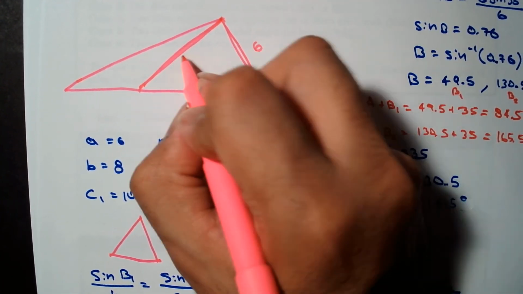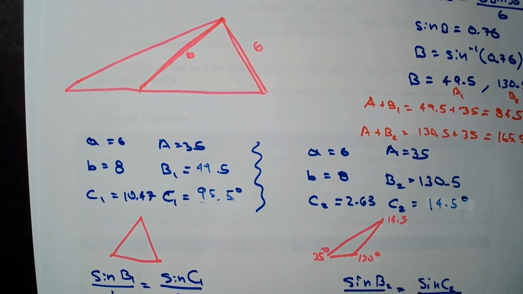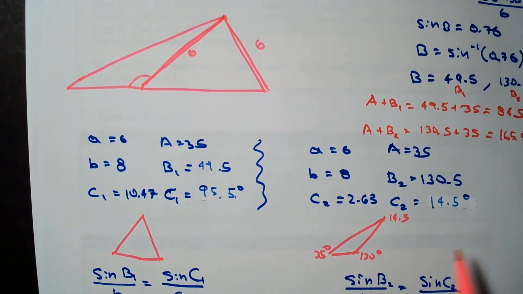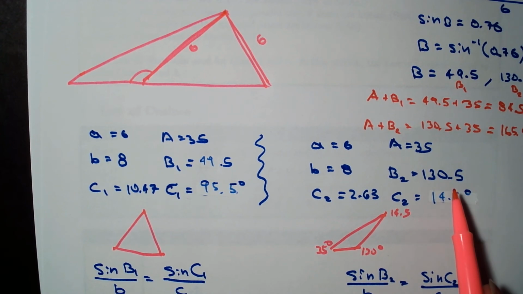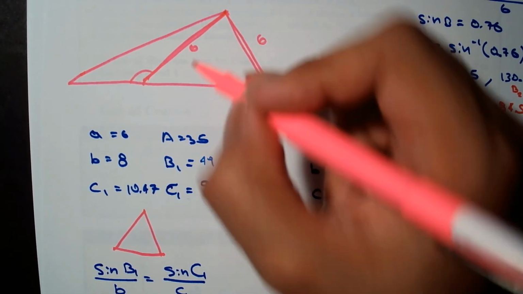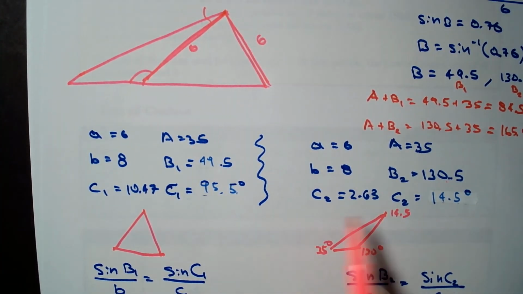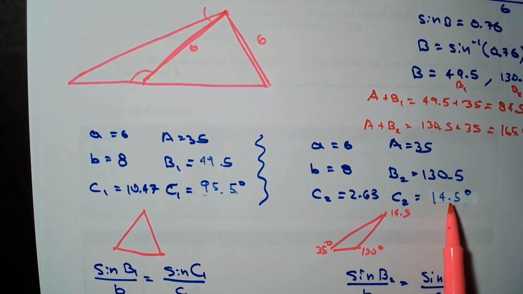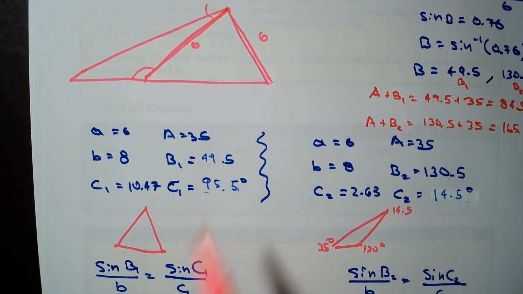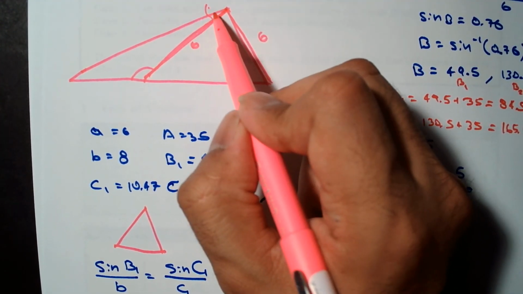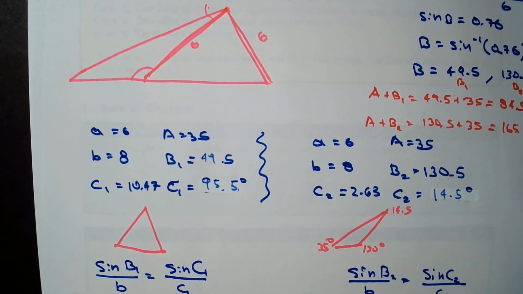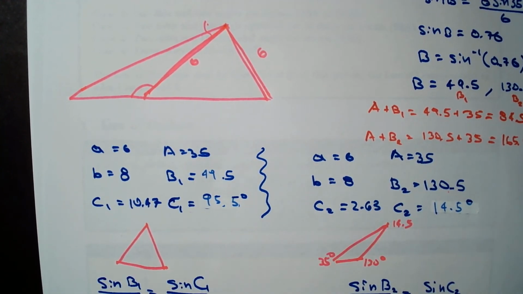This is 6, and then this is the obtuse angle, the 130.5, and this is the 14.5. You know, this big angle became split into these two situations. So that's the overall picture.